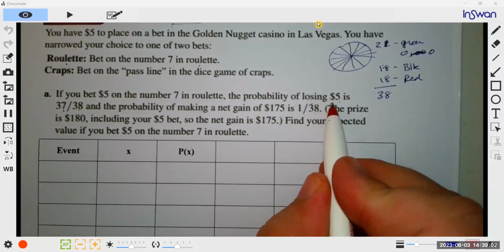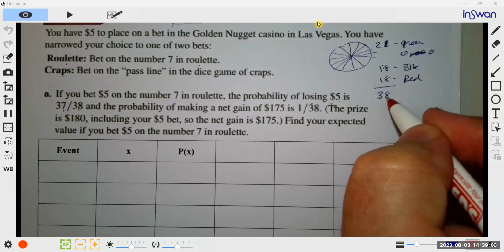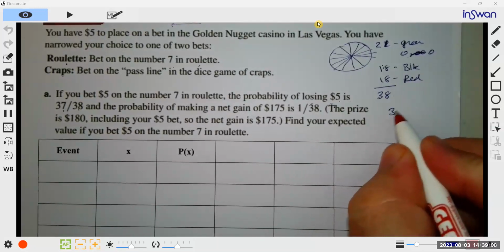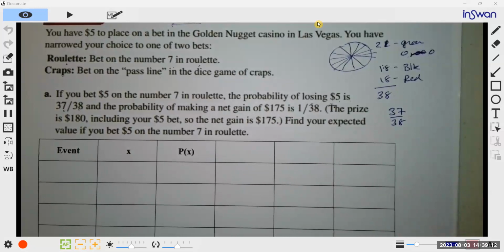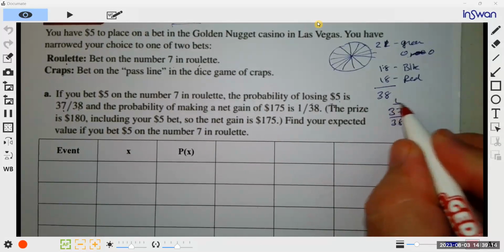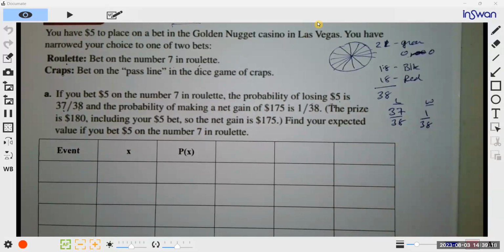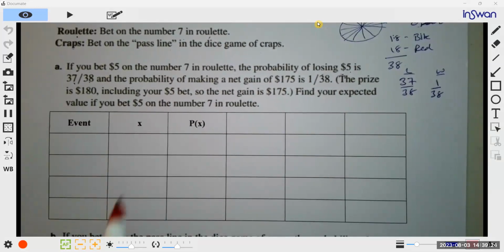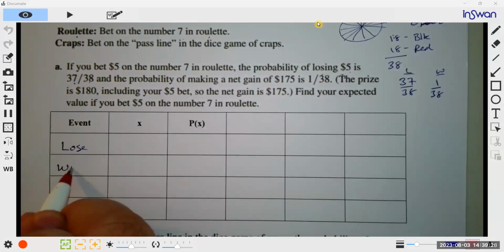Losing your $5 bet, you have all of those except 1, so you have 37 out of 38 to lose. To win, you only have 1 out of 38. So this is how this looks. The event is to lose or to win. There's only two possibilities.